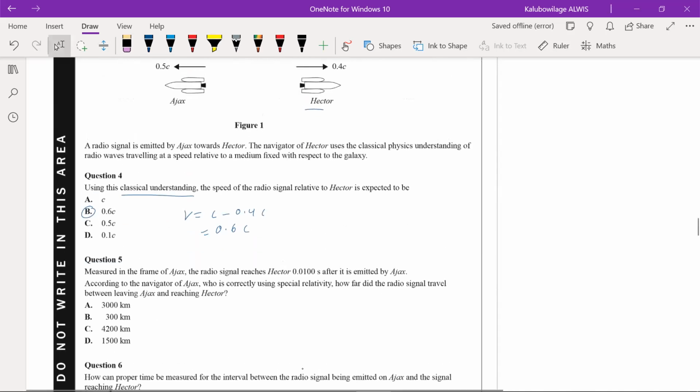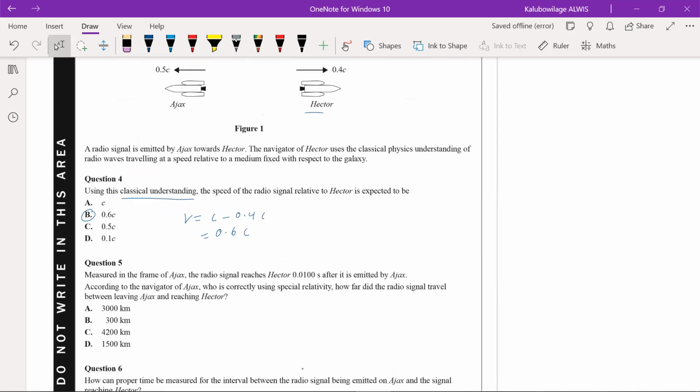Measured in the frame of Ajax, the radio signal reaches Hector at 0.01 second. This is just ET, because we're in Ajax frame, which is c times 0.01.